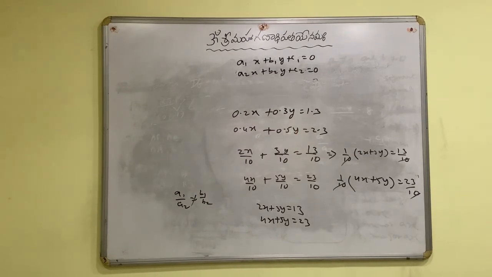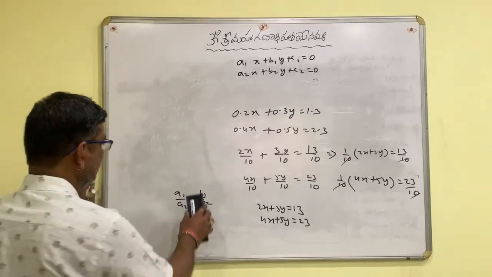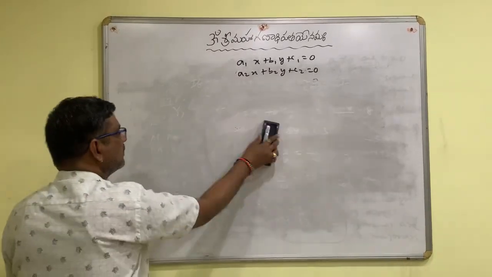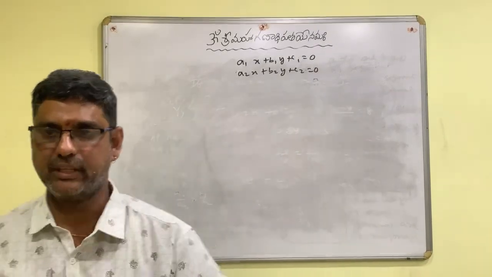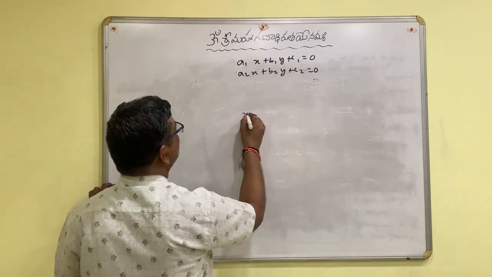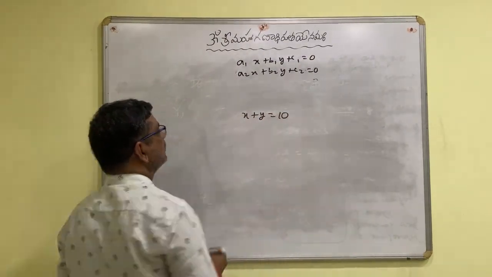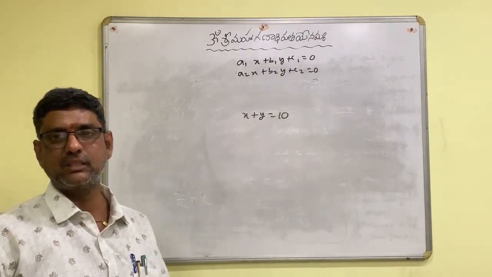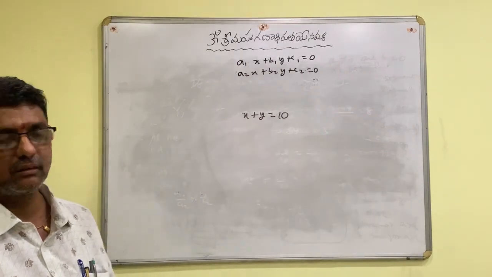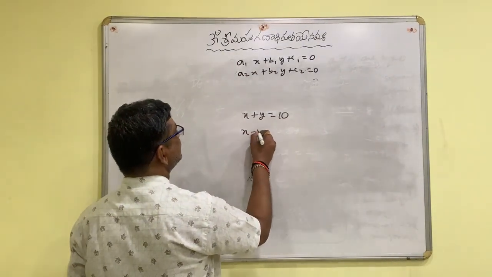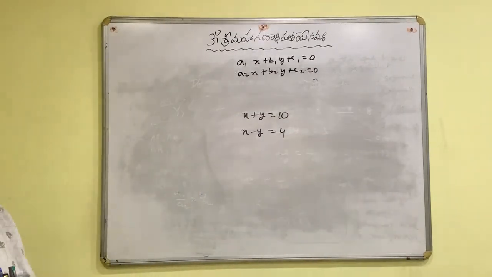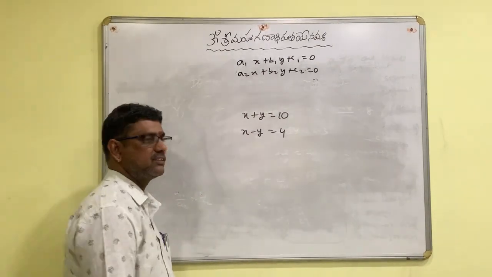Let me tell you what satisfaction means. Previously I gave you a question. 10 students participated in a mathematics quiz. The number of girls is 4 more than the number of boys. This equation is there. So what is the solution for this? Can anyone say?